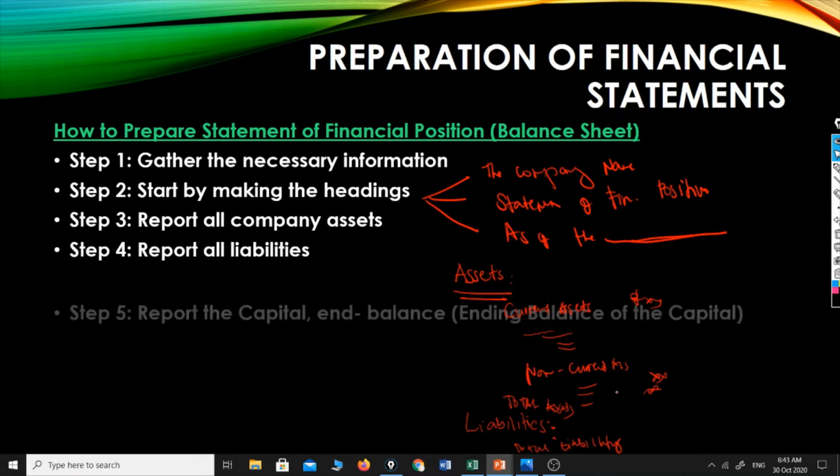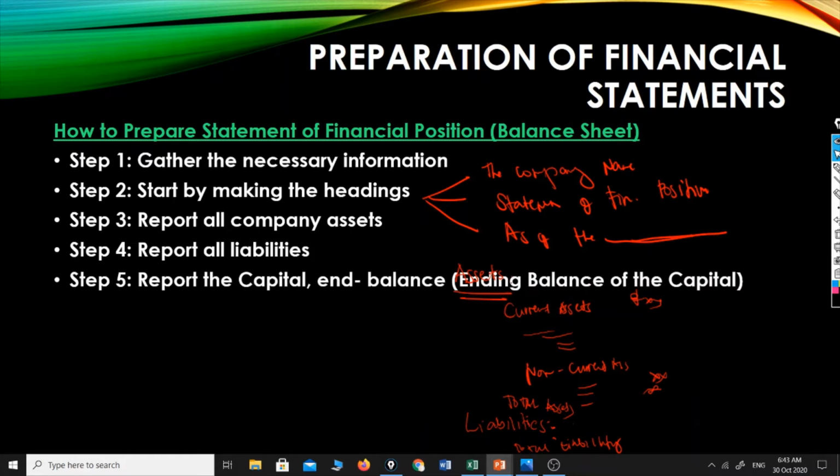And then, we report the capital and take note of the ending balance of the capital. So, we will have this amount on the statement of changes in owner's equity. So, we have the owner's capital section, the ending balance, okay?